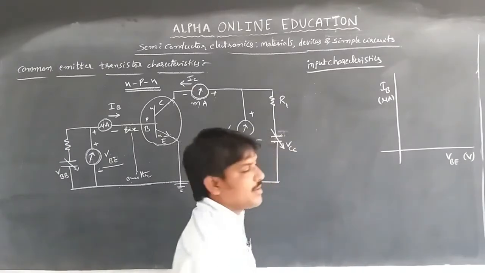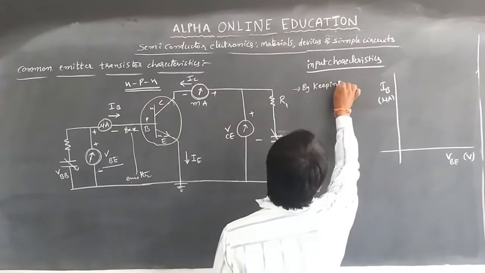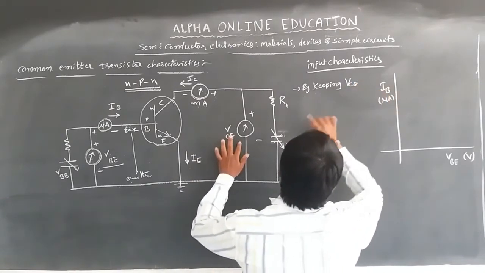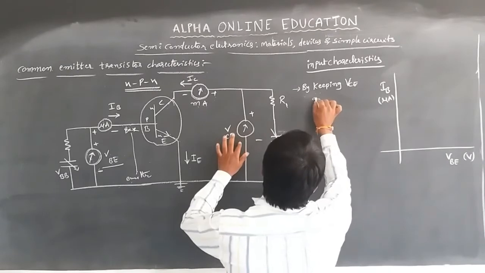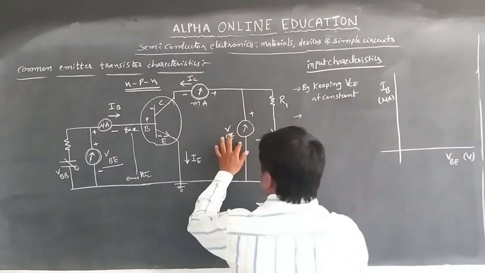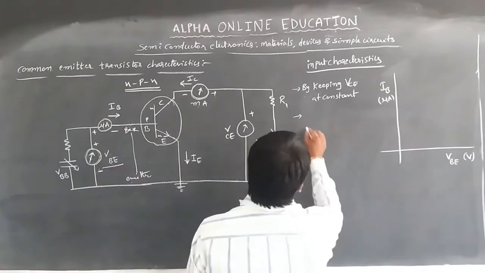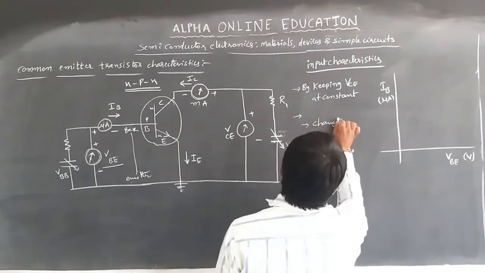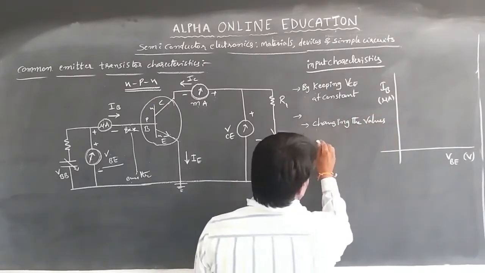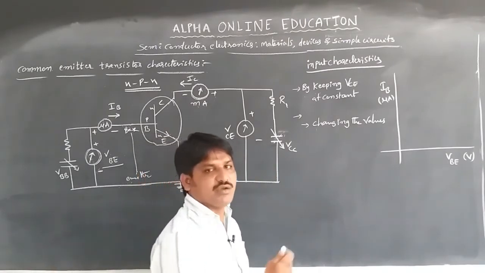By keeping VCE, the output potential, constant, we change the values of the input potential VBE, such as 0 volts, 0.5 volts, 1 volt, and so on.